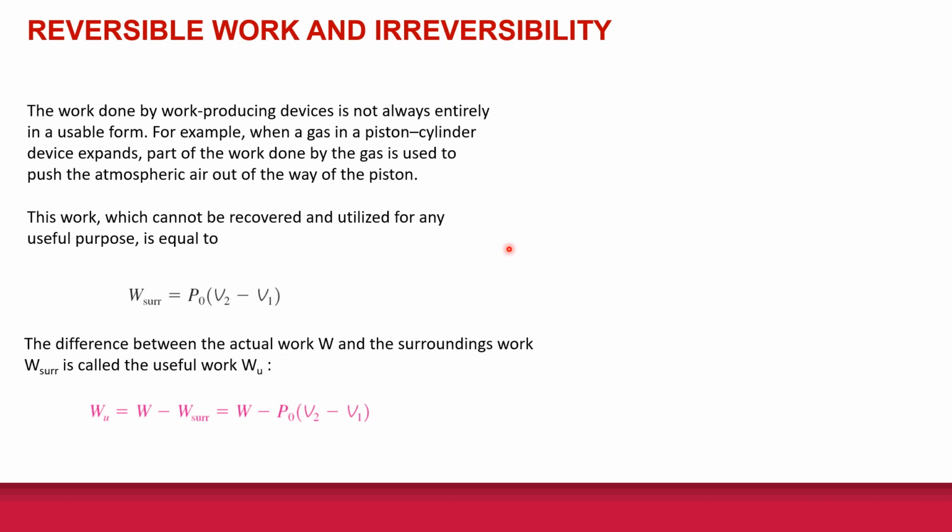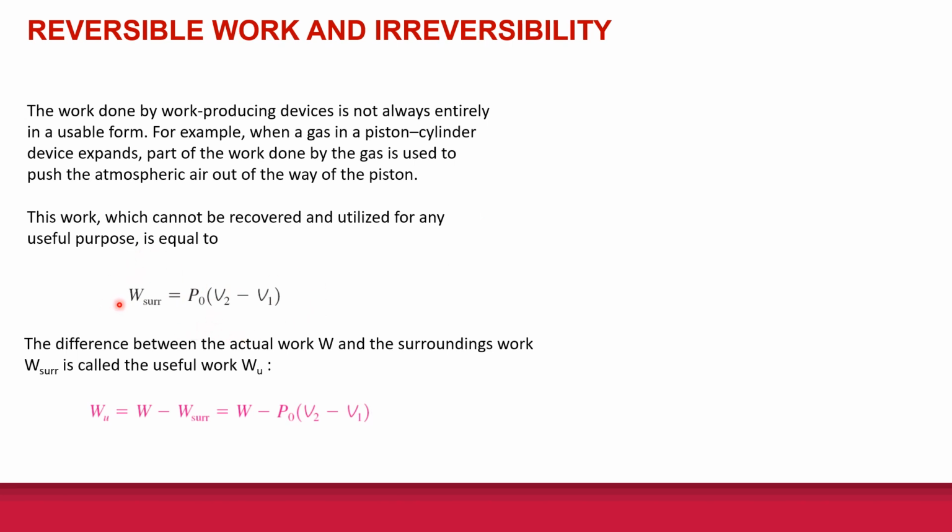The work done by work-producing devices is not always entirely in a usable form. For example, when a gas in a piston cylinder device expands, part of the work done by the gas is used to push the atmospheric air out of the way of the piston. This work, which cannot be recovered and utilized for any other process, is given by the following equation.